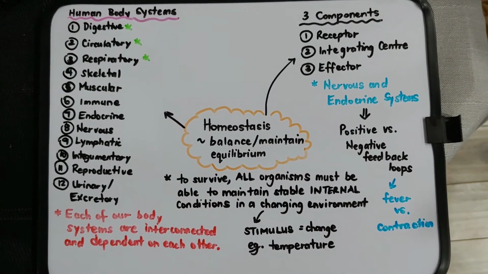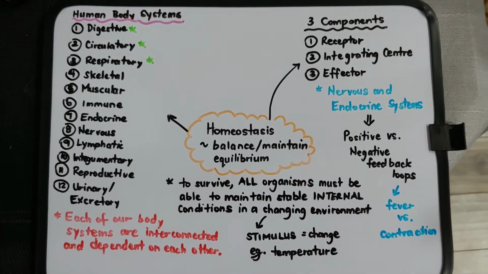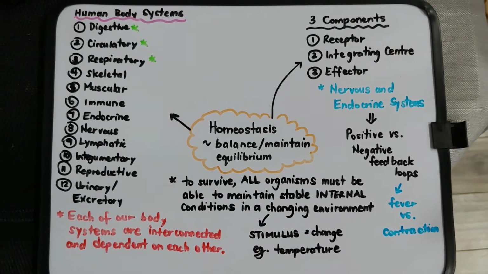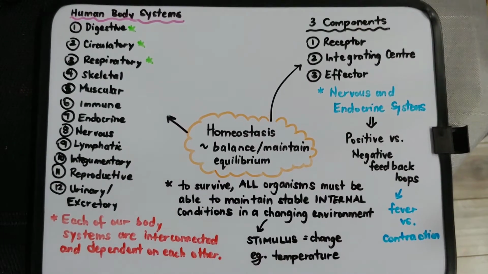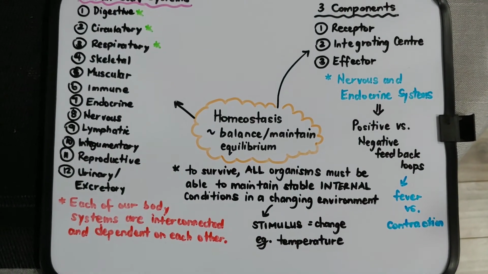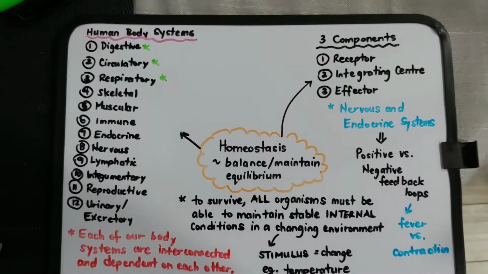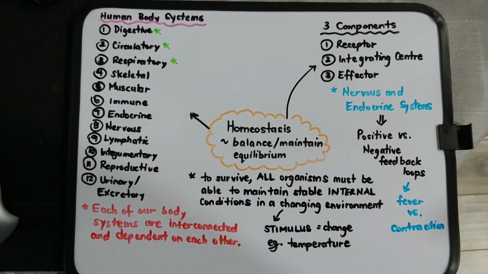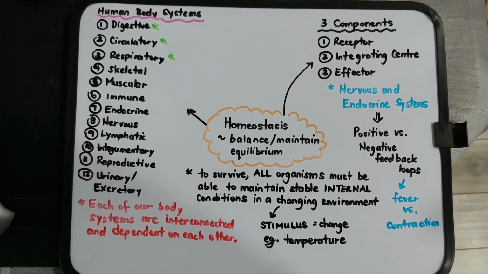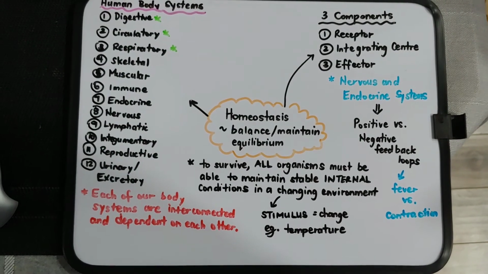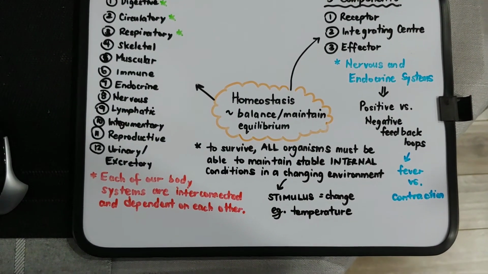Everybody has these three components that relate to homeostasis, right? We are always maintaining temperature or going through a positive versus a negative feedback loop in order to maintain balance, right? Even plants too have adaptive features depending on the climate, depending on the temperature, right?